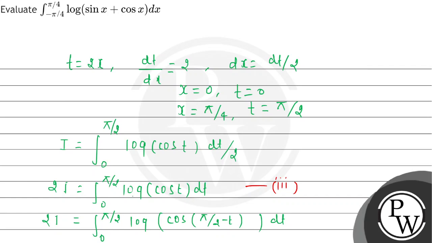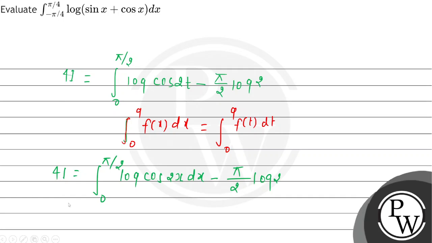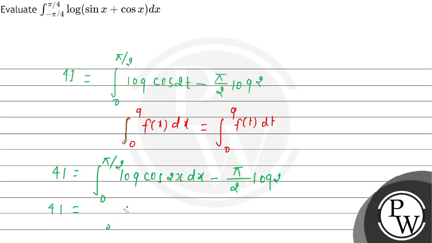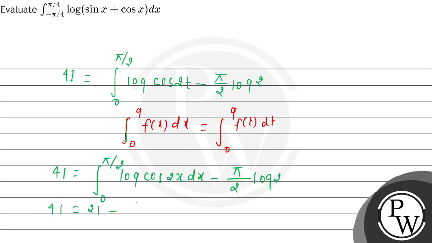So we can write 2I is equal to log; at t we have considered 2x. Now we'll replace, and it will be log cos 2x. So we can write 2I in place of this. So it will be 4I from 0 to pi by 2, and we write 2I in place of this, so 2I minus pi by 2 log 2.